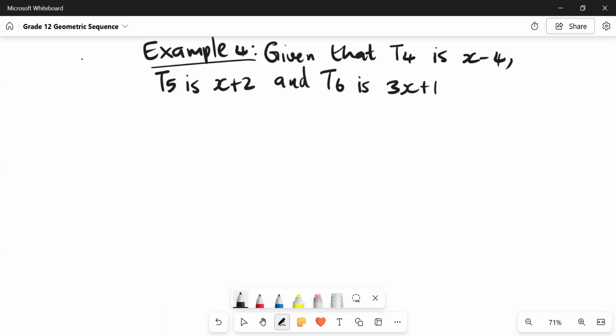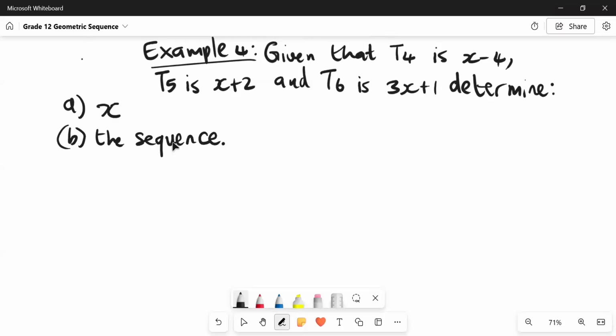Determine, for A, we are looking for x. We have to solve for x. And then for B, we have to also find the sequence.